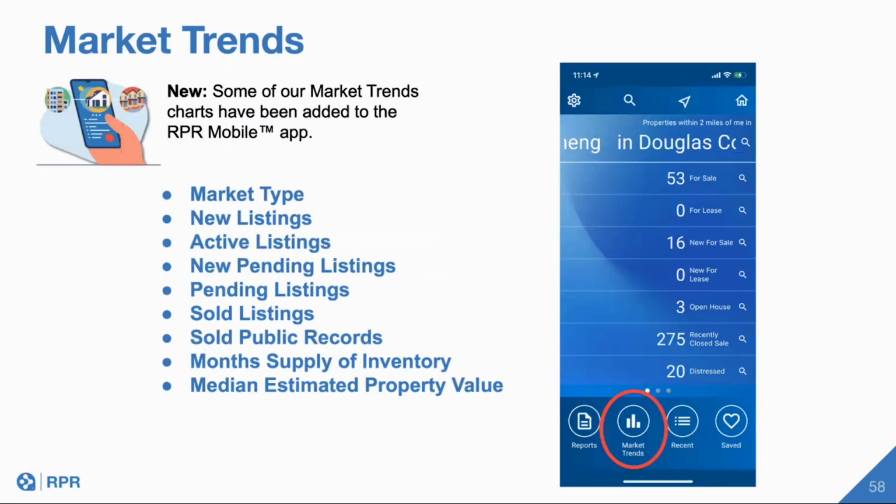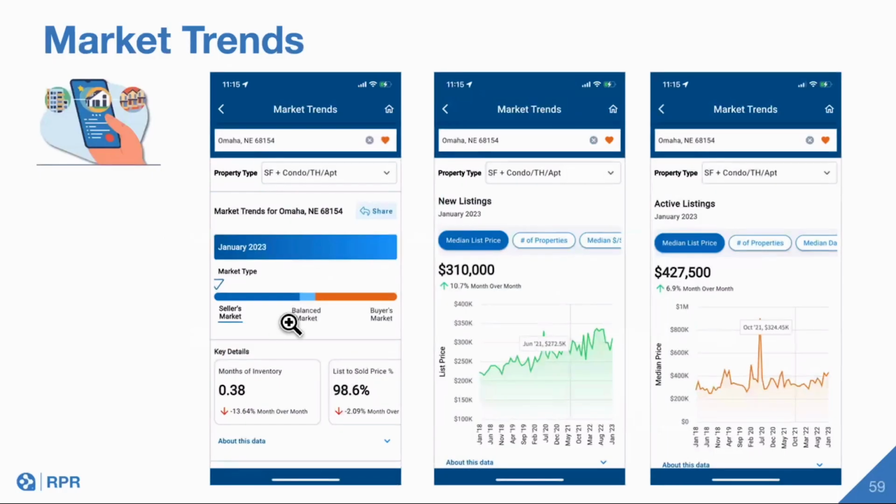And then another thing, again, from a lot of folks who really love the market trends that we added to the website, we're going to be adding that right to the mobile app as well. So you're going to see a fourth button added to the home screen called Market Trends. And if you click on that, it's going to show you all of this great information presented, really easy to see: what kind of a market is it, months of inventory, list to sold price, and then all of these great charts and graphs.